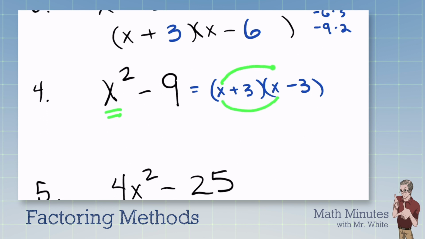And then the O and the I, what do those add up to when you multiply them out? 3x and negative 3x add up to 0x. That's why there's no middle term here, because it's 0x. It's just hidden there. And then the last part, 3 times negative 3 gives us the negative 9 that you see here. So a difference of 2 perfect squares will factor into what we call a sum and difference pattern, addition and subtraction. And it's a pretty cool little pattern, and it's a good one to spot.